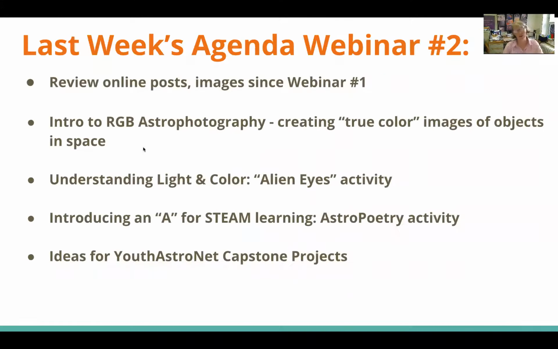So I just want to start by reminding us that on Friday we had an introduction to RGB astrophotography, that is taking images through the telescope using colored filters placed over the detector, and then using those three separate images to add together information coming from the blue part of the target in the sky, the red and the green, to create what's often called a true color or representational color image of the object in space.